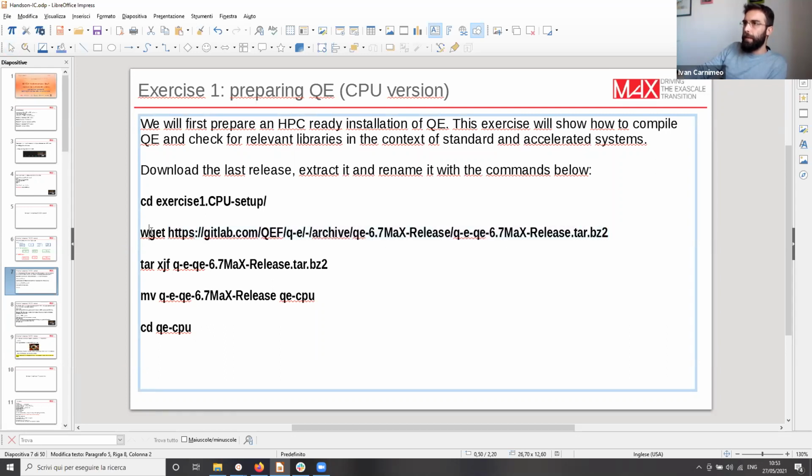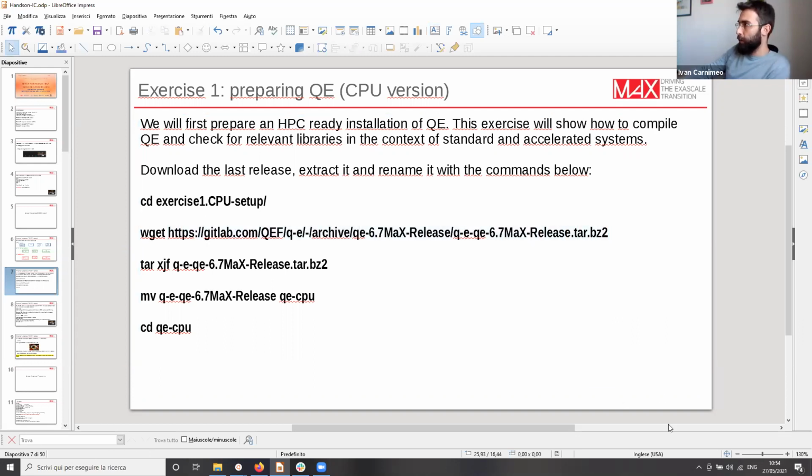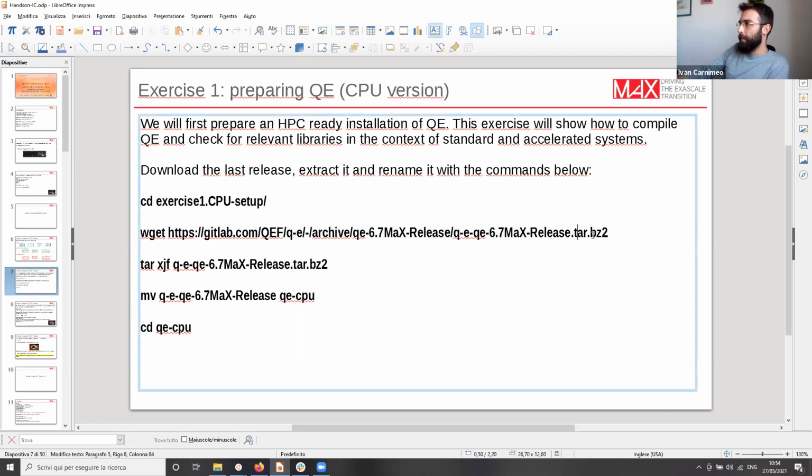So when you run wget with this URL, you will download the source code of Quantum Espresso as an archive. tar.bz2 is an archive. So at the end of that command, you will have this file, QE 6.7 max release tar.bz2, in your current folder. If you run ls, you will find this file.